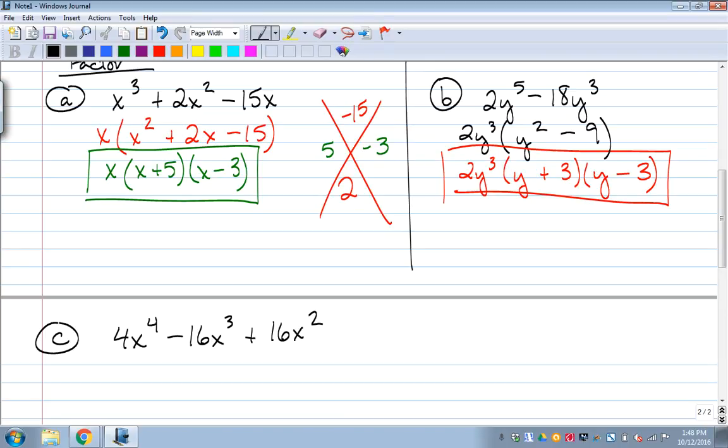We're going to have to factor that. In descending order, check. No like terms, check. GCF. 4x to the second, good.